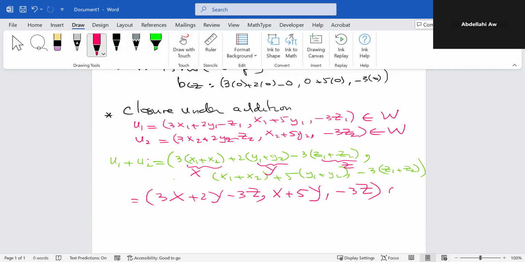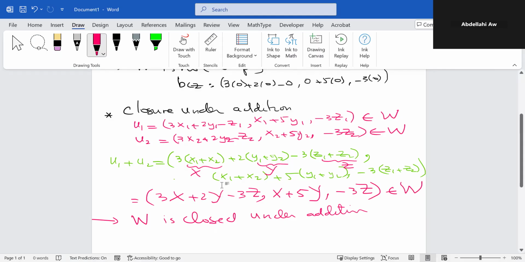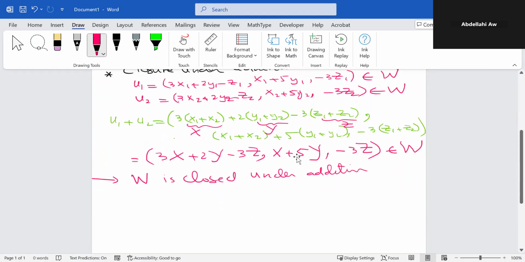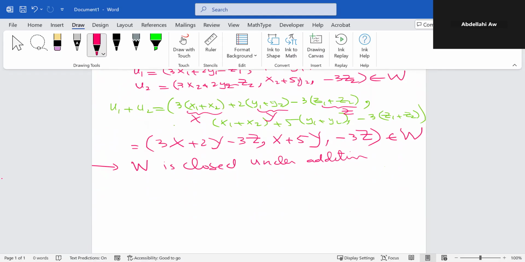And this is exactly an element of W. That proves that W is closed under addition. As you can see, this is almost calculation free. For many problems of this type, we don't expect massive calculations. It is rather how to present your argument.